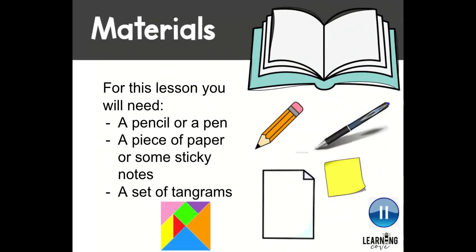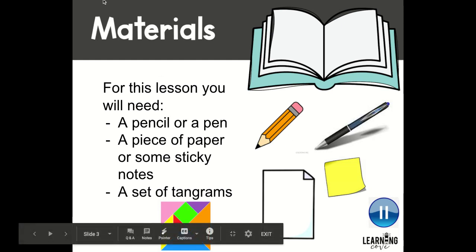All right, materials. For this lesson, you're going to need a pencil or a pen. Normally in math, we only use pencils, but since we're at home, pens might be easier to find, so it's okay for today. So you'll need a pencil or a pen, a piece of paper or some sticky notes, and a set of tangrams.